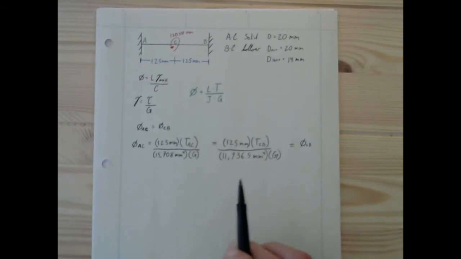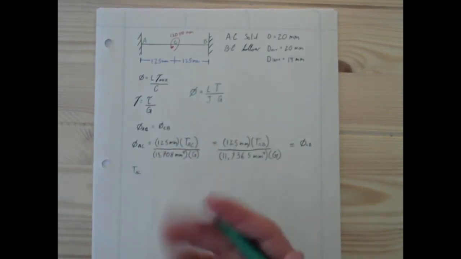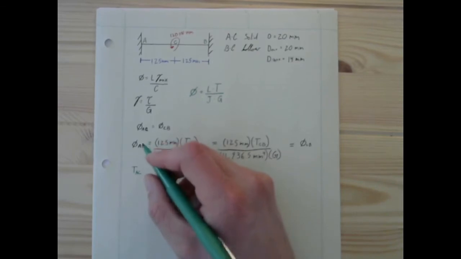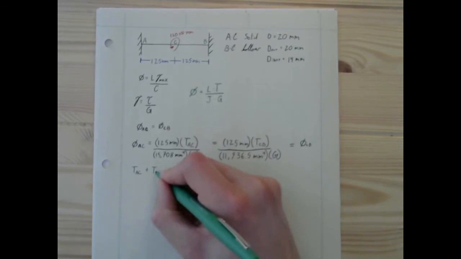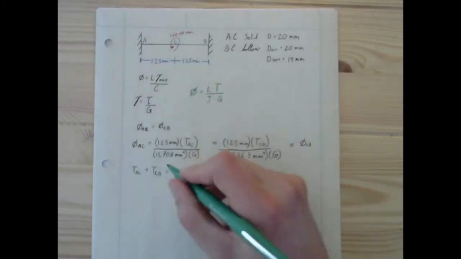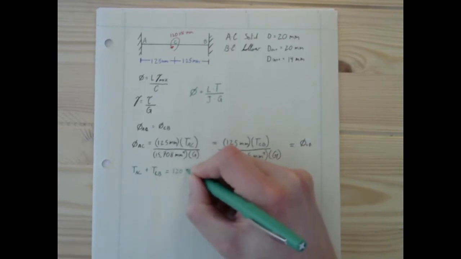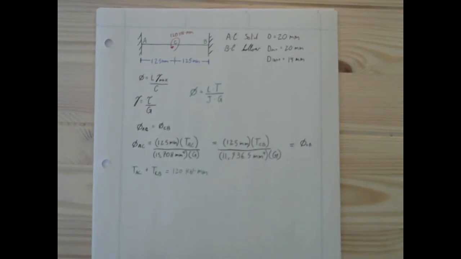Now, once we've got those, we can plug them into our other equation that is, I guess, a little bit easier. It's going to be that the torque in AC, or the moment in AC, about the x direction, plus the torque in CB has to be equal to 120 kilonewton millimeters.